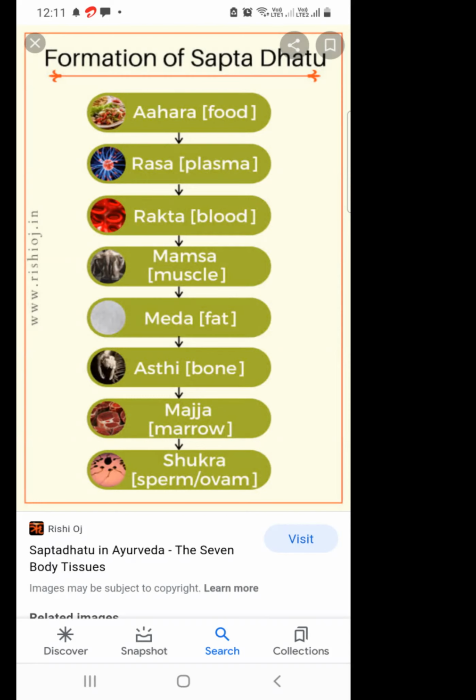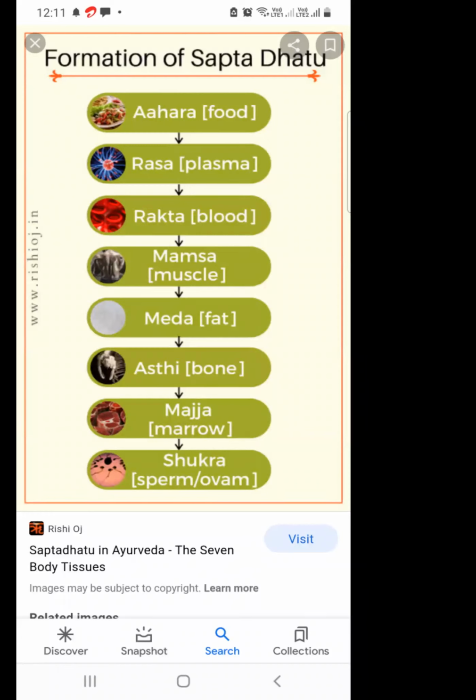Because ras becomes rakt, becomes mamsa, becomes med, becomes asti, becomes majja, and majja becomes shukra, this whole procedure is going to be affected, because uncooked ras is absorbed by your body. Each and every body tissue is absorbing the ama, because uncooked plasma, uncooked ras, becomes ama, creating toxin, and then the toxin reaches and mixes into the blood.